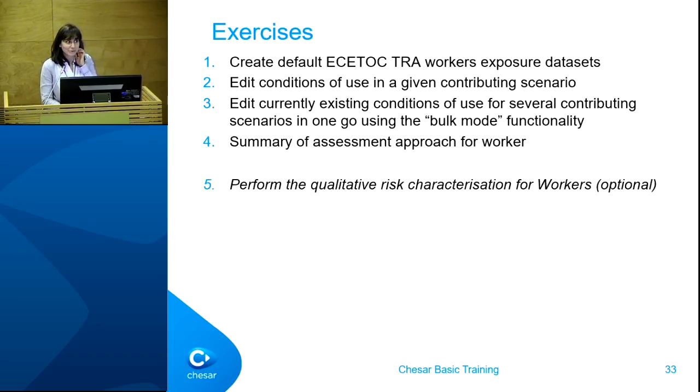Be careful in reading and going through the steps of the exercise, because this is a bit tricky. You might end up shuffling your life cycle a bit too much. And then as the 4th, you will have to enter a summary of the assessment approach for workers. So good luck, and we will be around to help you.